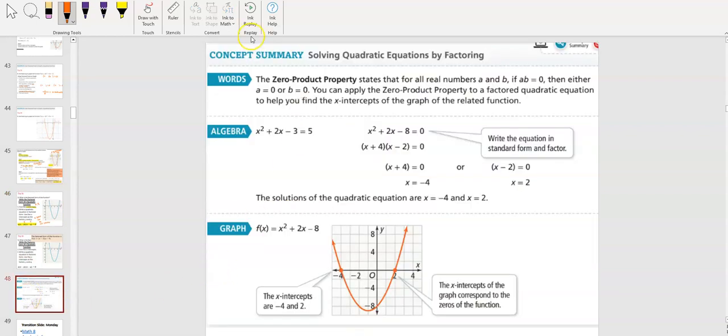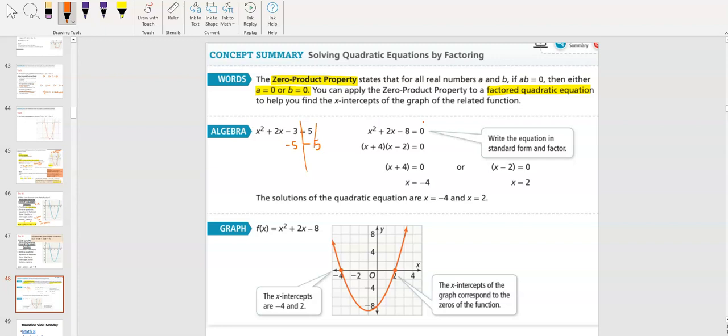All right, so going over both the last video and this one, our concept summary: we learned about the zero product property, about how I can turn A or B into 0 and solve my quadratic equation that way. It needs to be in factored form. One of the things we did was learn that we can turn an equation into a quadratic equation by turning it into standard form.